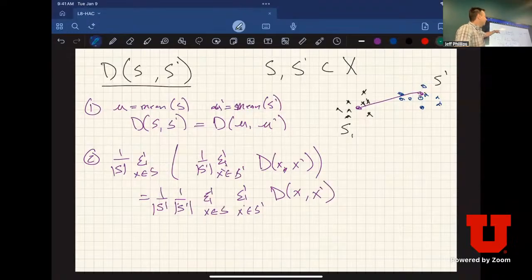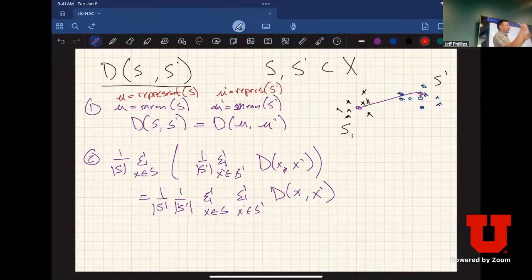But I could replace this mean by some other representative, right? I could say that mu is a representative of S, and mu prime is a representative of S prime. For instance, I've taken the minimum enclosing ball of this point set, and then I pick the center of that minimum enclosing ball.